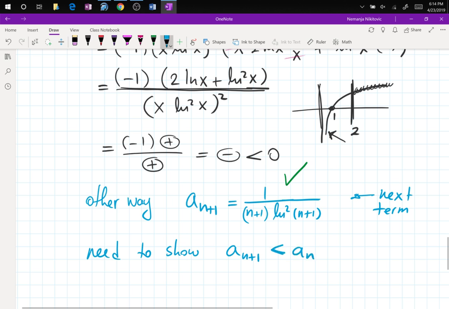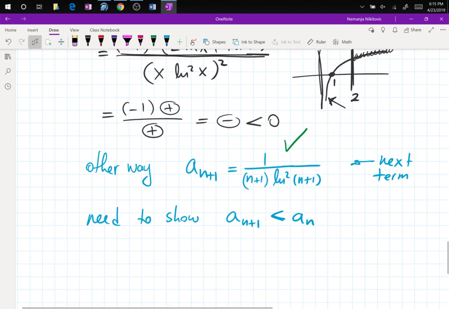This is what you need to show. If this inequality holds, then the function is decreasing, because the next term is always smaller than the previous term. This should be common sense. It shows that the next term is smaller than the previous term, so it's decreasing because it holds for all terms.